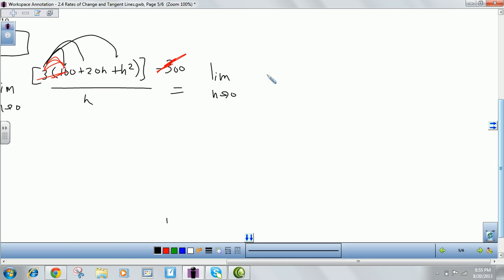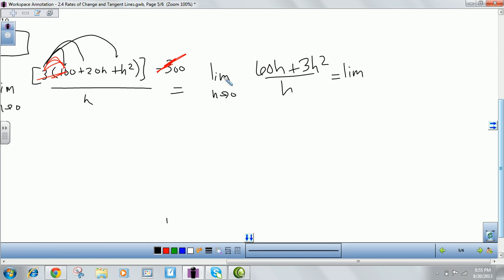So all you'd have left is 60h plus 3h squared, and that's it, all over h. Everything has an h, so take that out of the limit, because you can't plug 0 in.